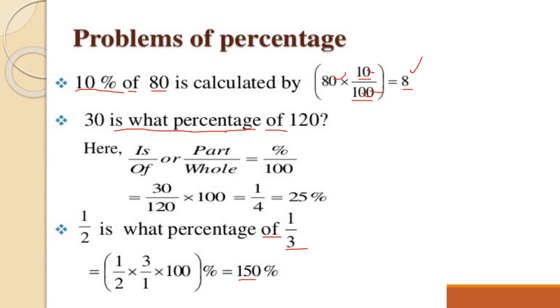So what we do here is 30 upon 120 multiplied by 100, that will give you the percentage. When you calculate 30 divided by 120, that gives you 1 upon 4, and when you change 1 upon 4 into the percentage, that is 25%.